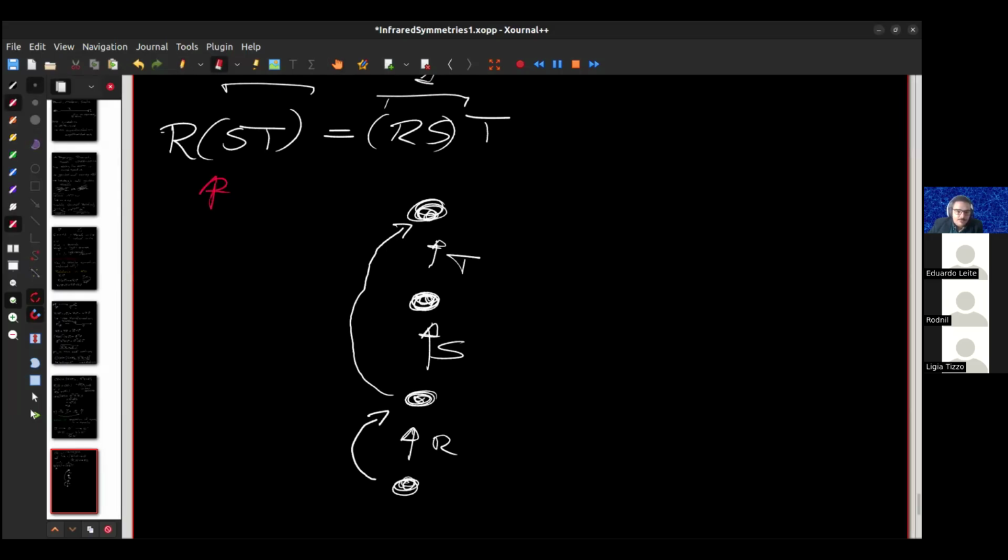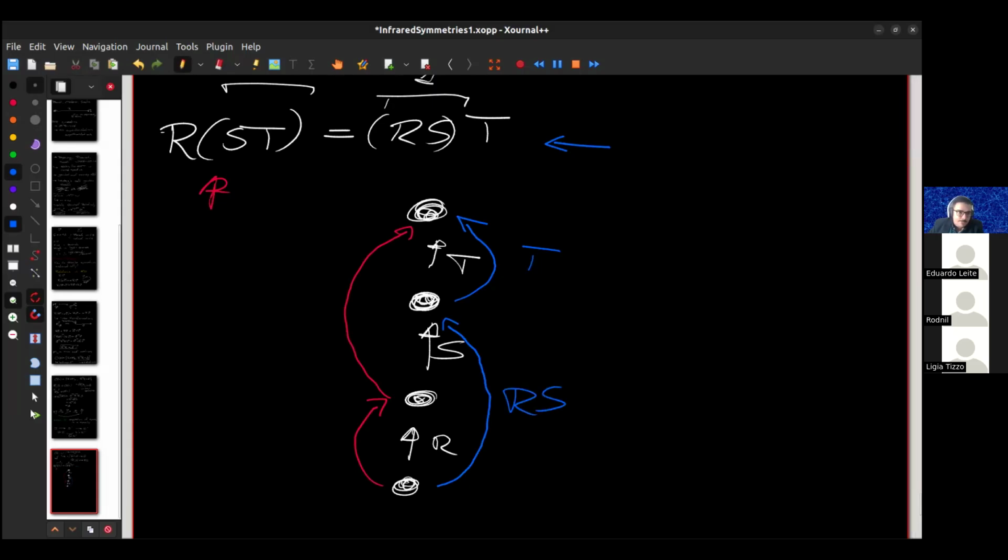So this is the red transformation, and we also have the blue transformation, which is this transformation here. This here is RS, this here is ST, and this is R. So the associativity axiom tells us that the red and the blue paths are the same.